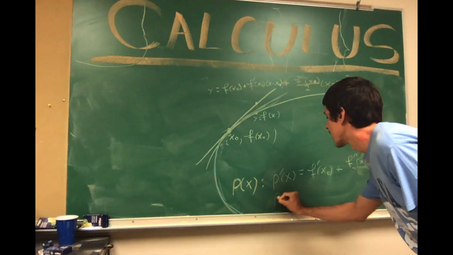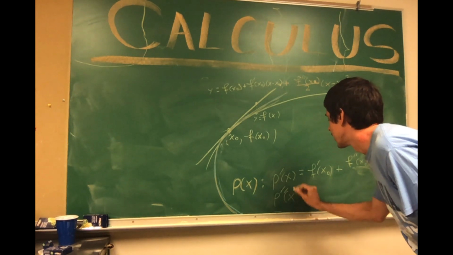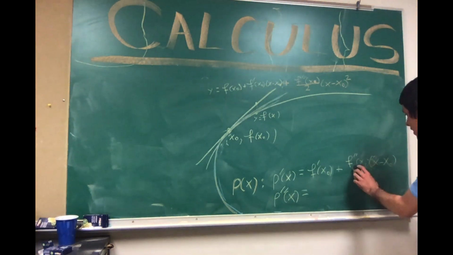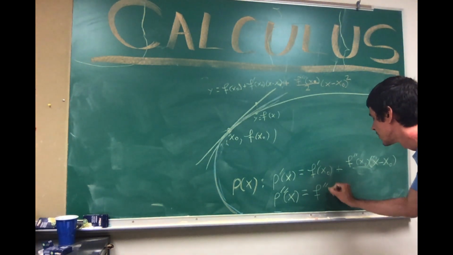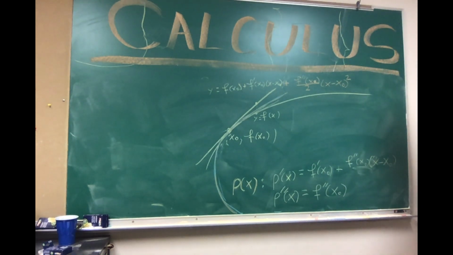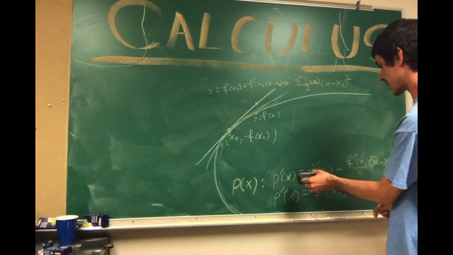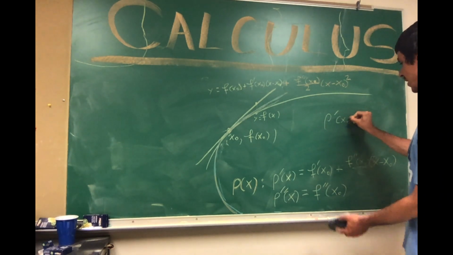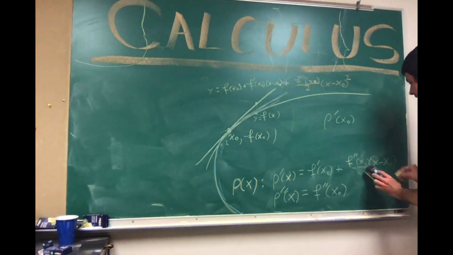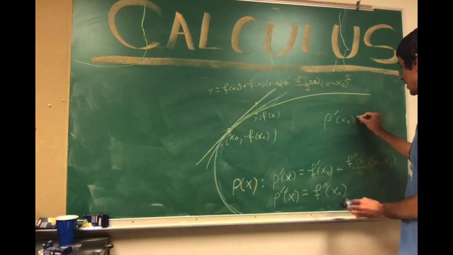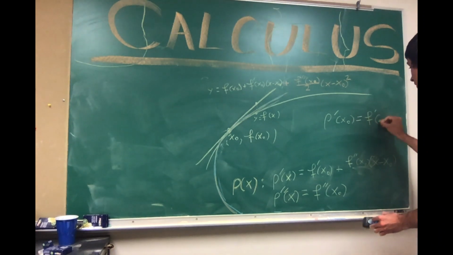And then the second derivative is just f double prime of x0. So if we plug in x0, this term disappears, but we still have f prime of x0, so p prime of x0 equals f prime of x0.